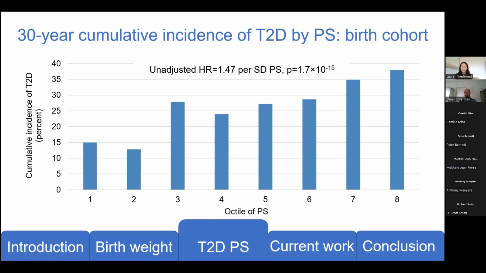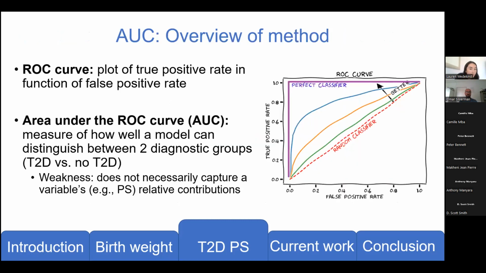So basically, not adjusted for anything else, as you increase in the polygenic score, 8 being relatively very high and 1 being very low, you see that type 2 diabetes has a higher cumulative incidence. These things are positively correlated, it increases as we go right.